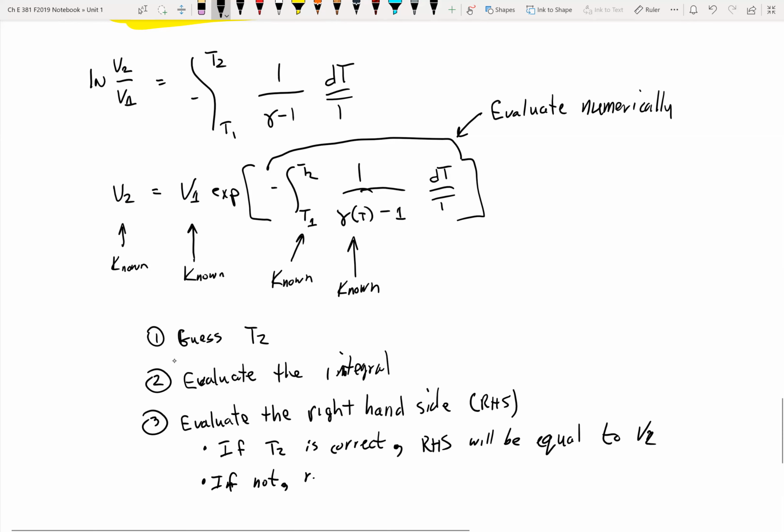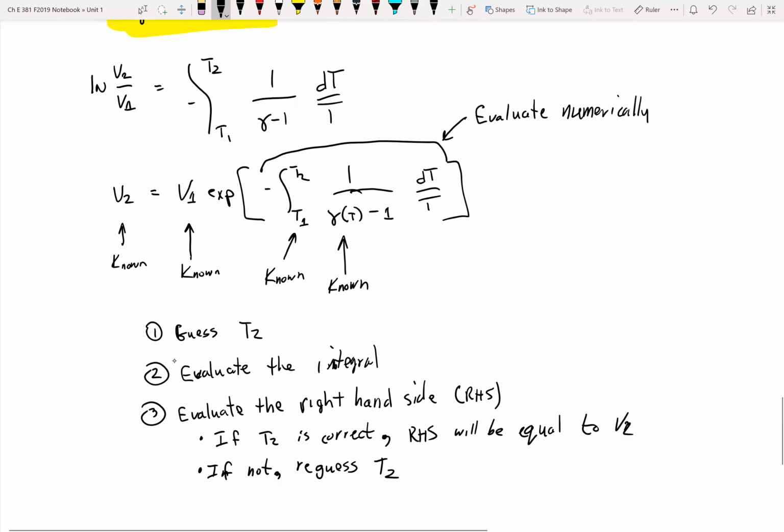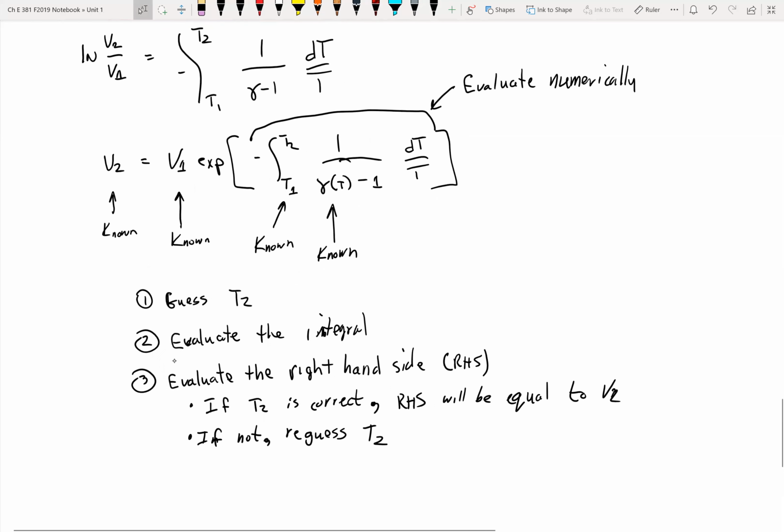If not, we're going to have to re-guess T2. And that sounds like an awful lot of work, but that's exactly what numerical solver routines do, both in calculators, and in spreadsheets, like in Excel, and lots of tools in MATLAB. So I will demonstrate how you do that.